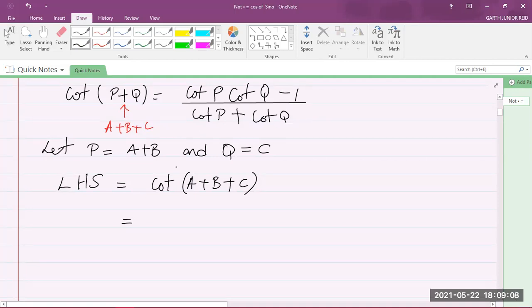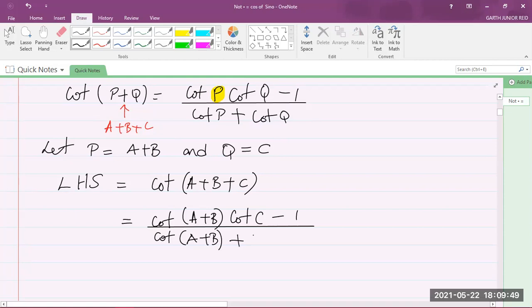So let us continue, because remember we're replacing P as A plus B and Q as C. In my fraction now, I'm going to have the cot of P, which I'm replacing as A plus B, multiplied by the cot of Q, which I'm replacing as C, minus 1, and I'm dividing all of this by the cot of P, which is A plus B, plus the cot of Q, which is cot C. That is what I have.